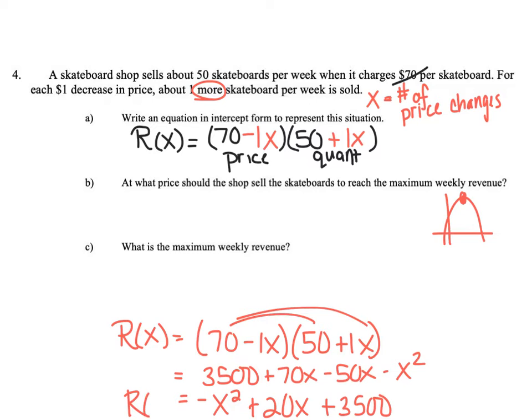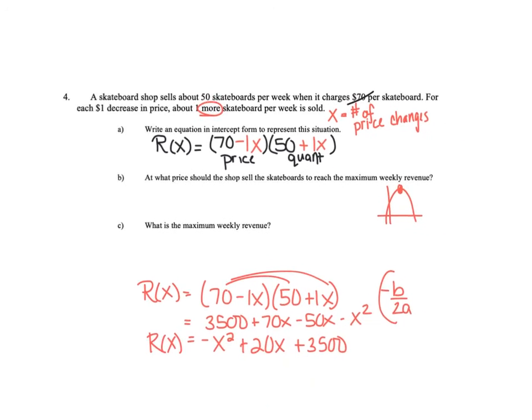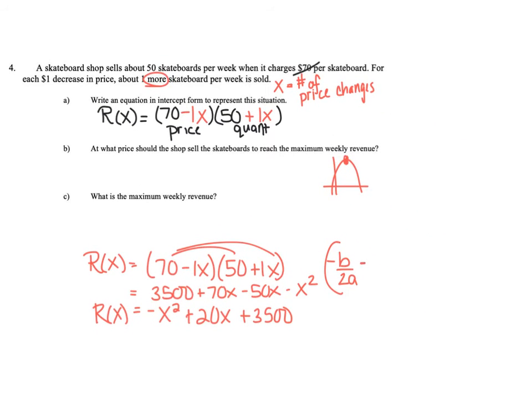To find my vertex, that's negative b over 2a for the x value. That would be negative 20 over 2 times negative 1, which is negative 20 divided by negative 2, or positive 10. So my x value is 10.